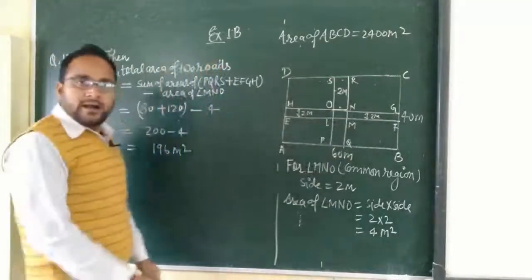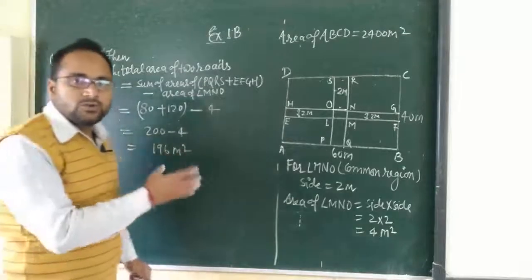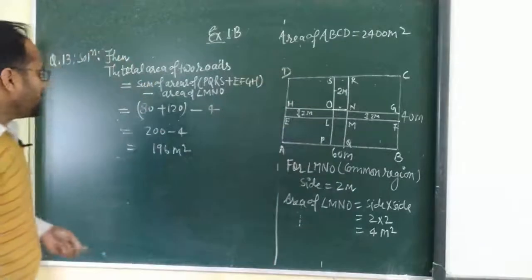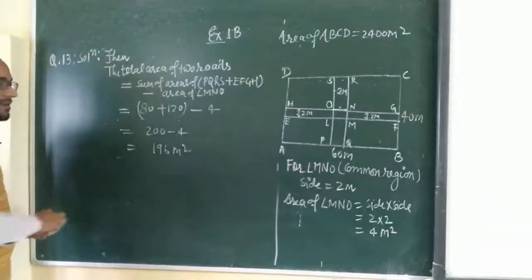two roads. And if you subtract the area of these two roads from the total area, you will get the area of the remaining portion, students.